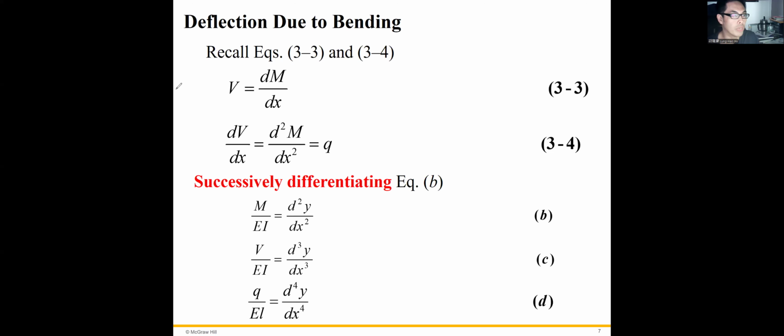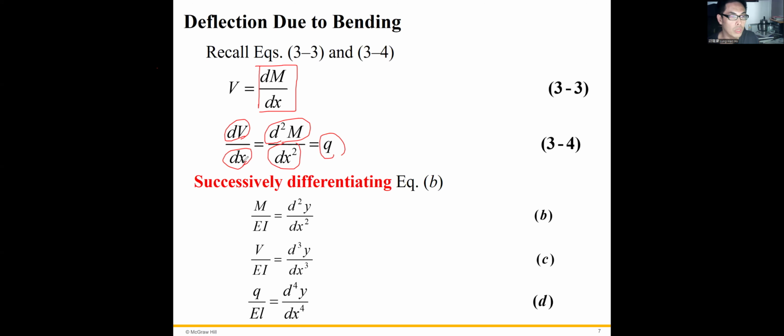Okay, so just recap what we already learned for the pure bending. The shear equals the derivative of the moment with respect to x. And the load distribution equals the second derivative of the moment with respect to x, or the derivative of the shear with respect to x.